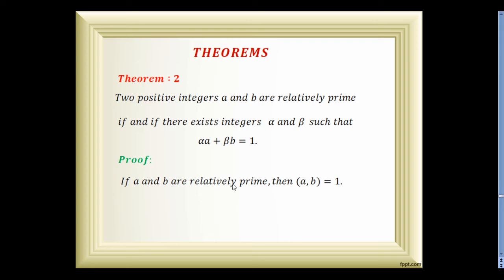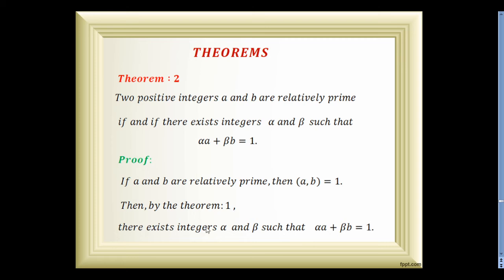This is the relatively prime definition we have seen already. Now by theorem 1, there exist integers alpha and beta such that we are able to write in the linear form alpha a plus beta b is equal to 1.